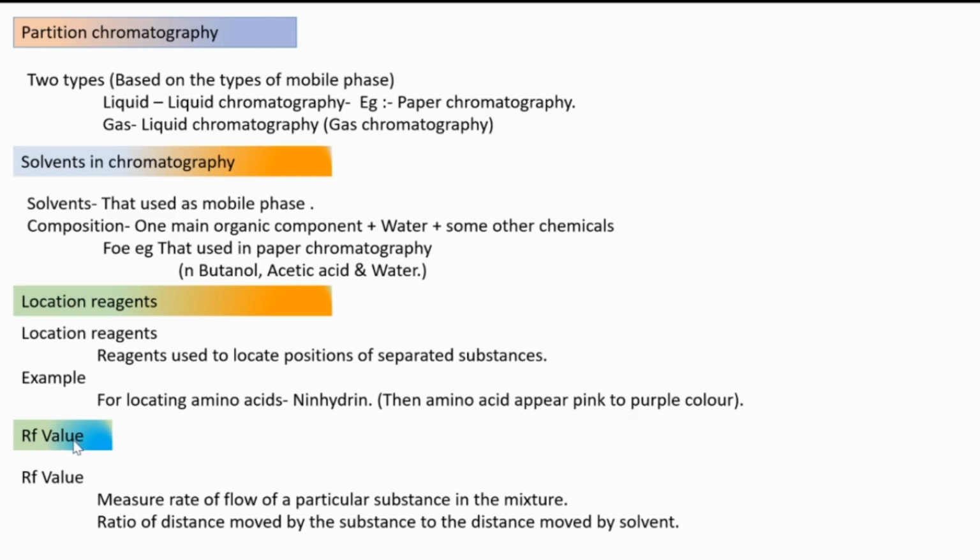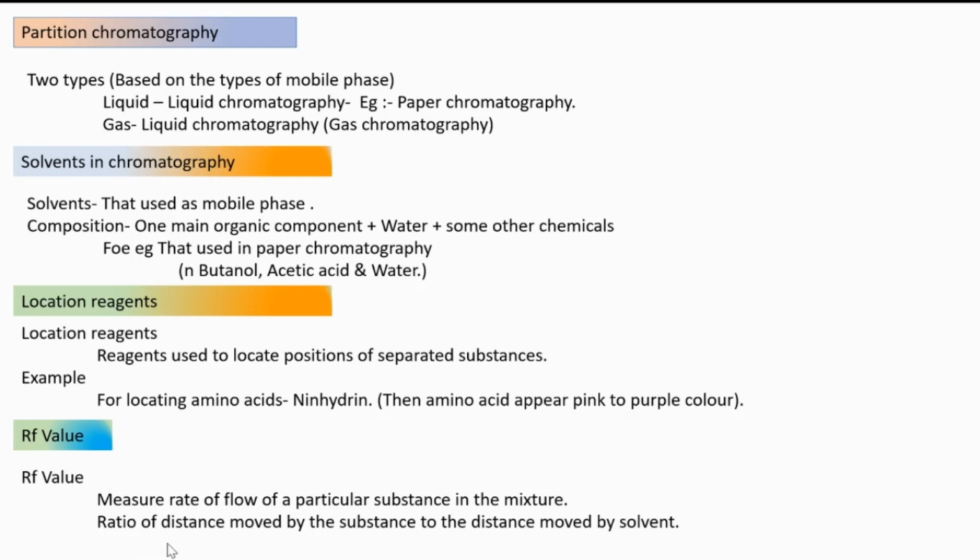Then the RF value is another important term. The RF value is a measurement of the rate of flow of a particular substance in the mixture. So there is an equation for determining this RF value.